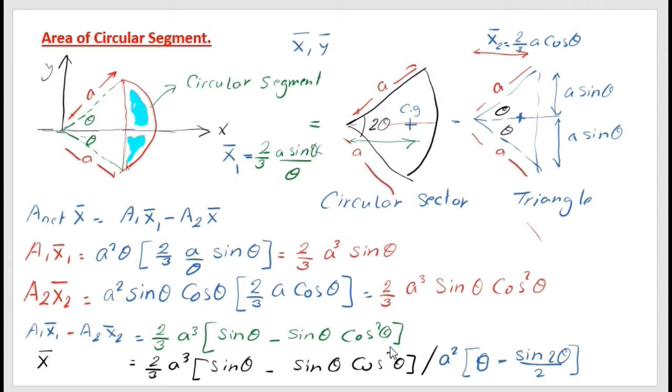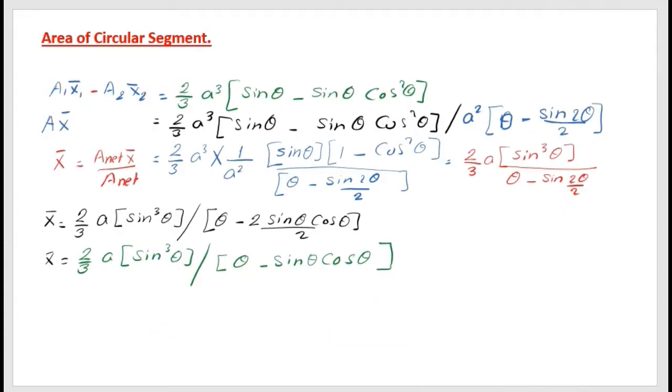divided by the net area, which we have already estimated as A squared of theta minus sine 2 theta over 2. We will make more modification by taking the sine theta outside. So what is left is 1 minus cosine squared theta, and we know that sine squared theta is equal to 1 minus cosine squared theta, multiplied inside by sine theta again.